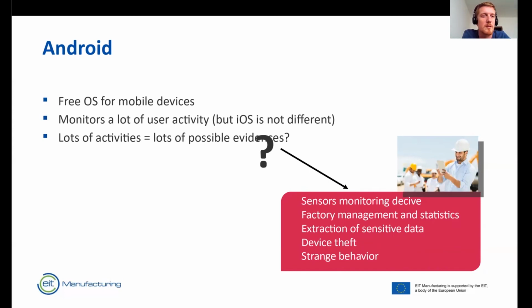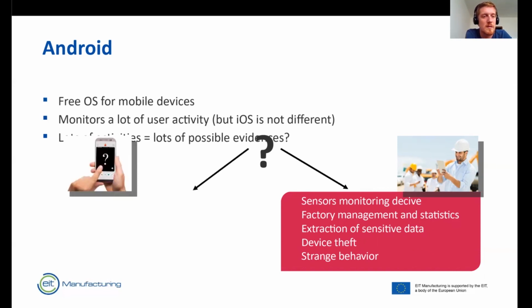From Android, we can extract some sensitive data in case of industry espionage. The device could be tested, and the device can start to behave strangely in case of, for example, malware which is installed on the smartphone.